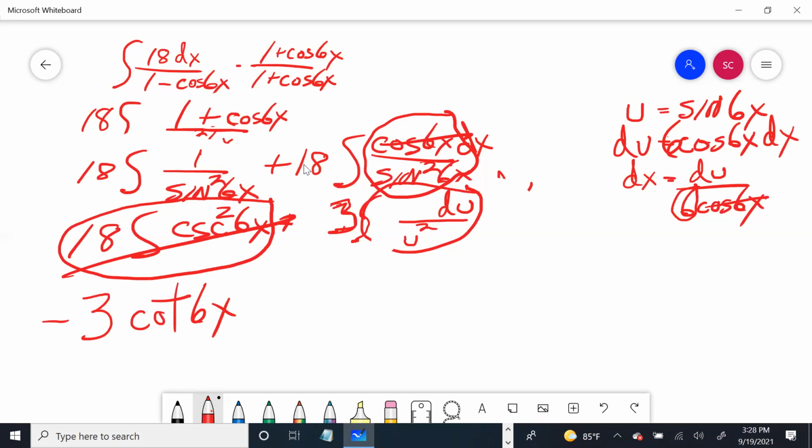Okay, at least that's what I have, and this was a +3. And now we have the integral of 1 over u squared. So that is going to be, let's see, u to the -2. So we're going to make it u to the -1 over -1, which changes this -3 to minus.